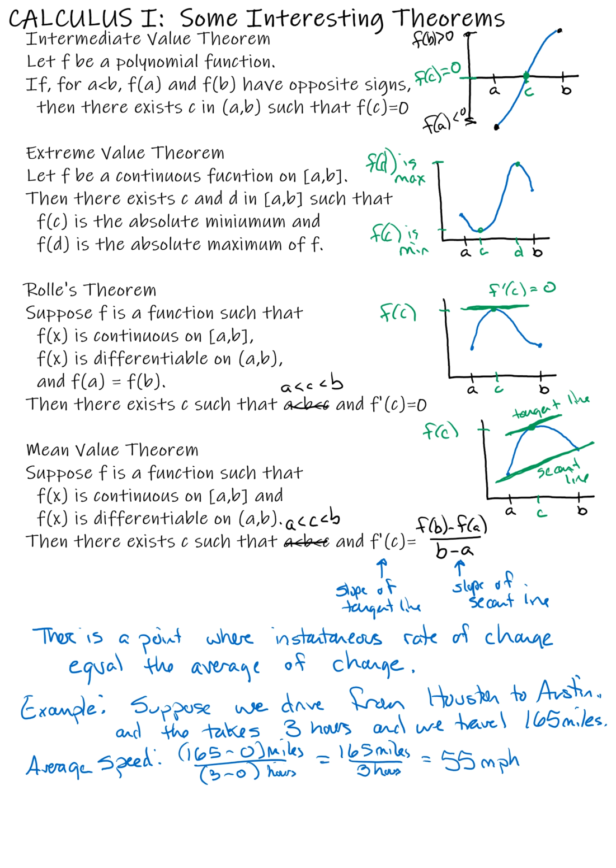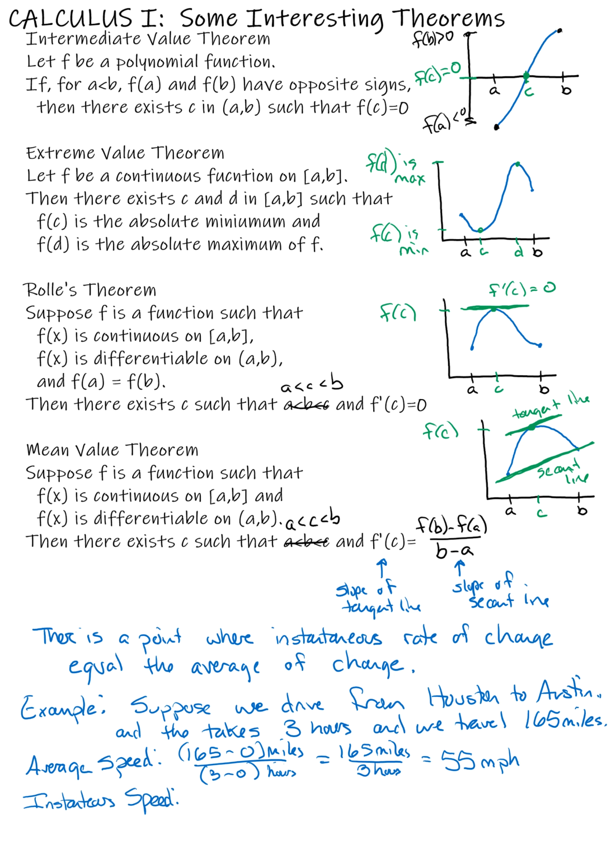All right, what about the instantaneous speed? Well, I do know that it's probably true that we're not going to be driving 55 the entire time. At some point, we may have to stop for a stop sign or a red light. And at some point, as we're driving out there on the highway, we're probably going to go a little faster than 55 miles an hour. The stated speed limit is probably 70 or 75 throughout that journey.